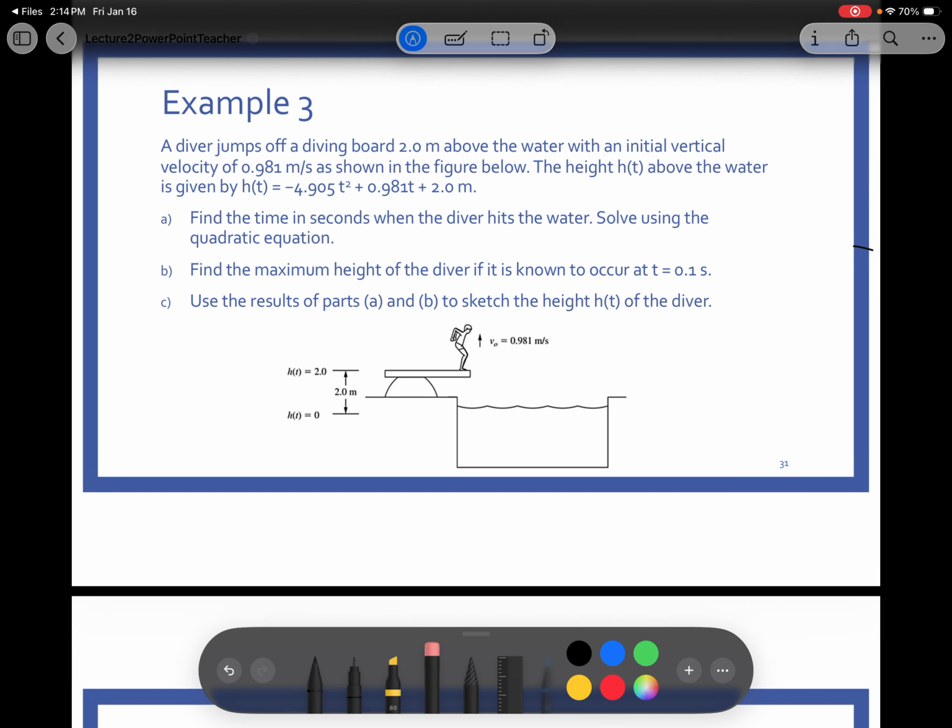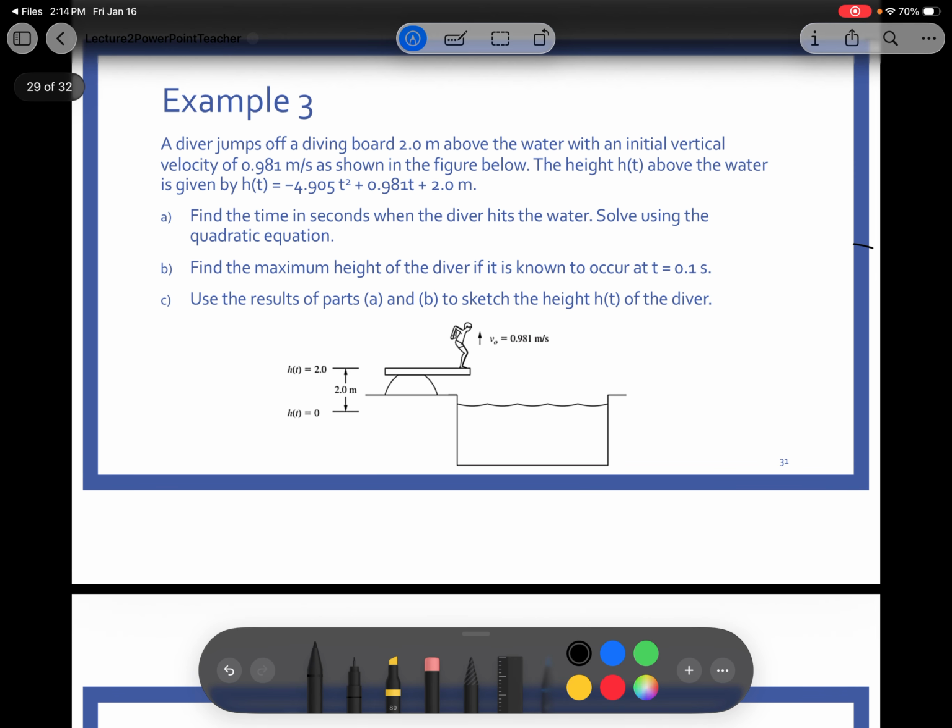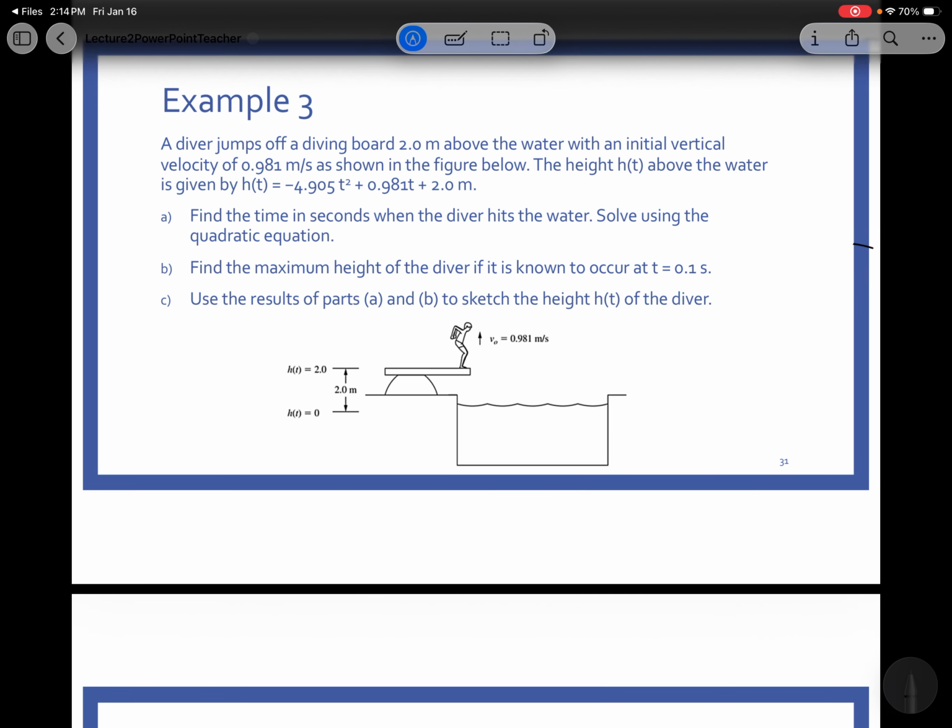So we already know what our time values are. At 0 seconds, if we plug 0 in for t, we know we have a height of 2. We calculated with 0.1 would be our maximum, which is 2.05. And then when we knew the height was 0, we had 0.746.